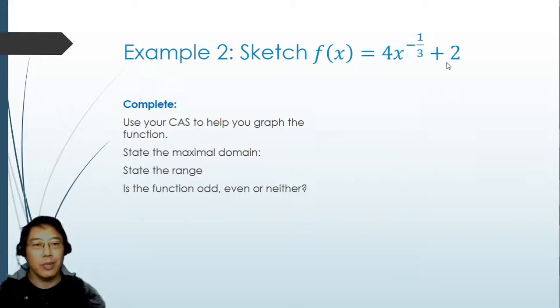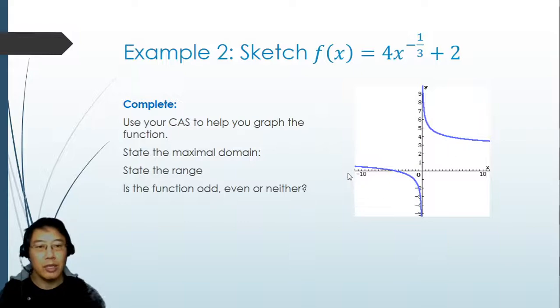Again, another example. You can use the CAS to graph it. You can see you have those two parts similar to a hyperbola. Now notice you have an asymptote here that is vertical, so that's x equals 0. That will help you with the domain.